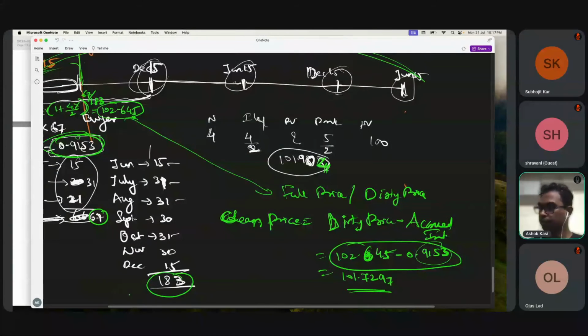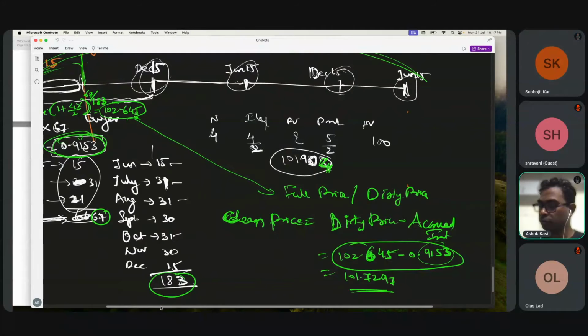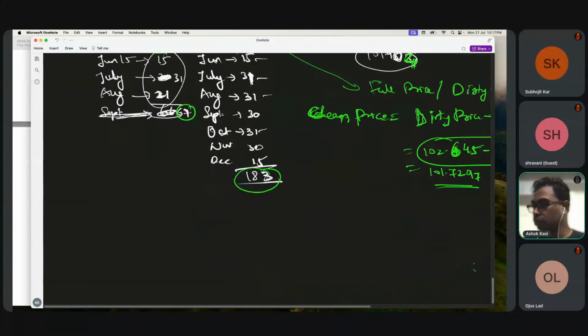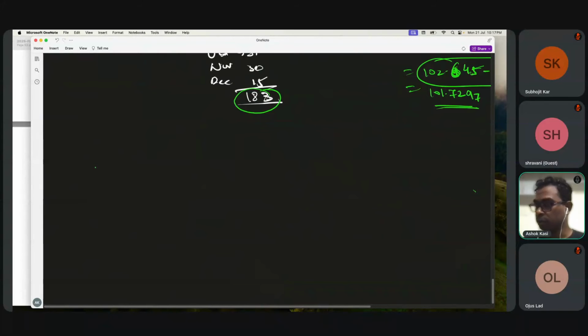Now the same sum, if I have to do using the 30 by 360 method, how will I do it? Again, I'll draw the timeline.